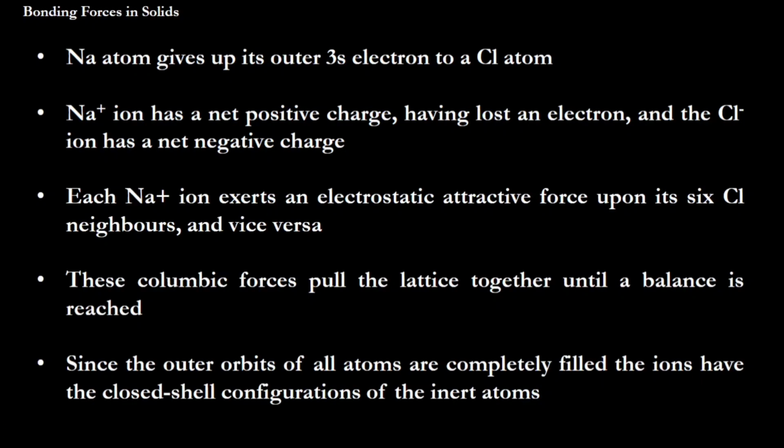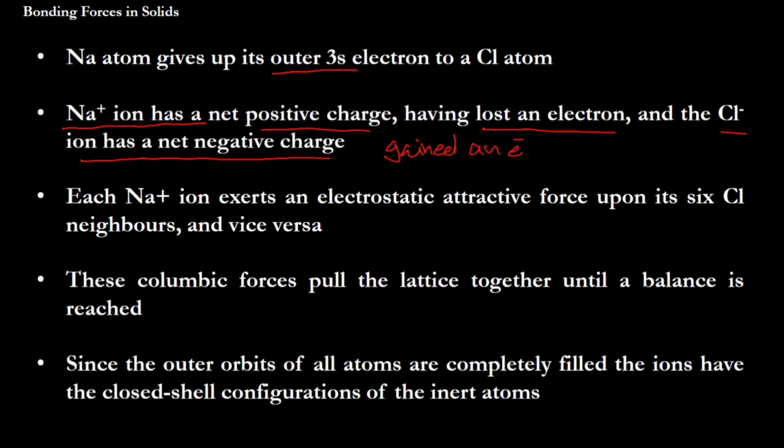The Na atom gives off one outer 3s electron to the chlorine atom. The Na plus ion has a net positive charge because it lost an electron, and the chlorine ion has a net negative charge because it gained an electron, right?